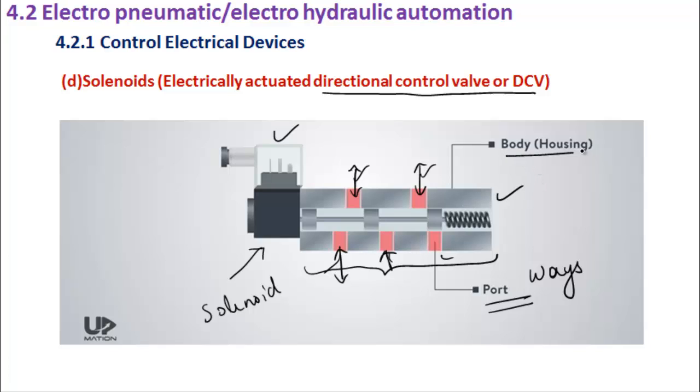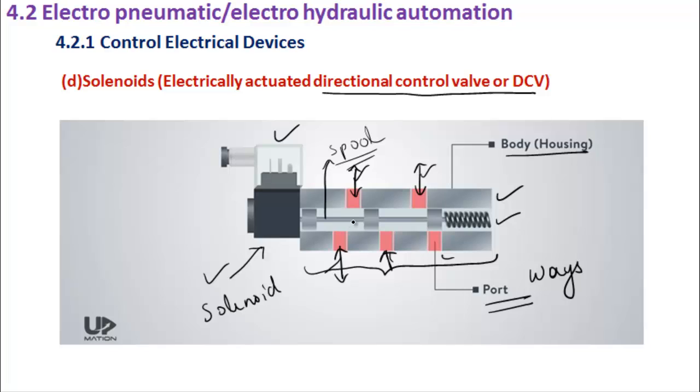Now this outer body is called the housing, and here you can see there is a spring, and attached to that spring there is this thing which is called the spool. You will find me using the word spool at many different places. Even last year in the course that we did, we named it a spool.